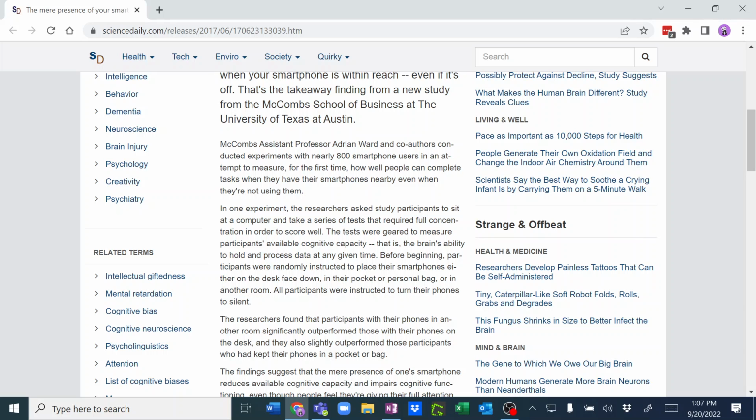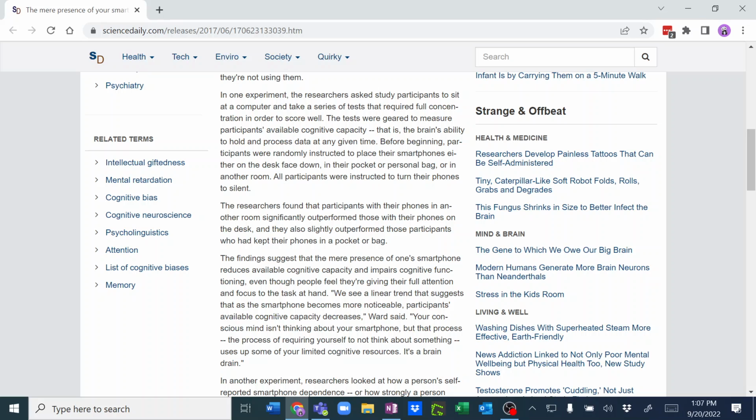Okay? The researchers found that the participants with their phones in another room altogether significantly outperformed those with their phones on their desk. They also slightly outperformed those with their phones in their bag.